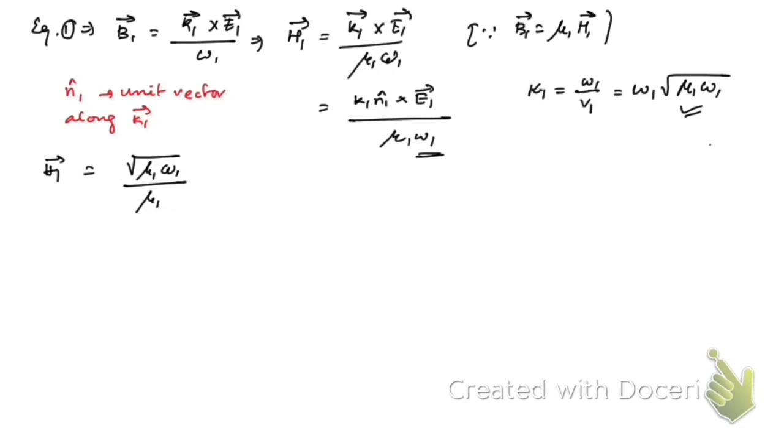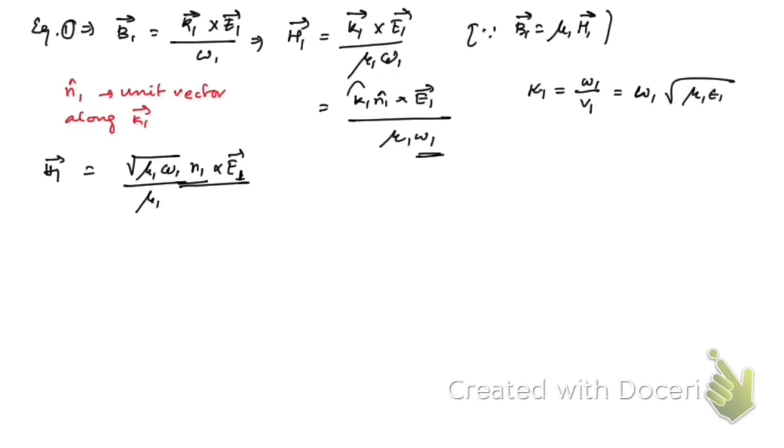These two are cancelled, and n1 cross E vector, that's what we have got. So from this equation, you see this v, the speed of the wave, is given by 1 by root over mu1 epsilon 1, and that gives you this k1 as omega 1 root over mu1 epsilon 1.